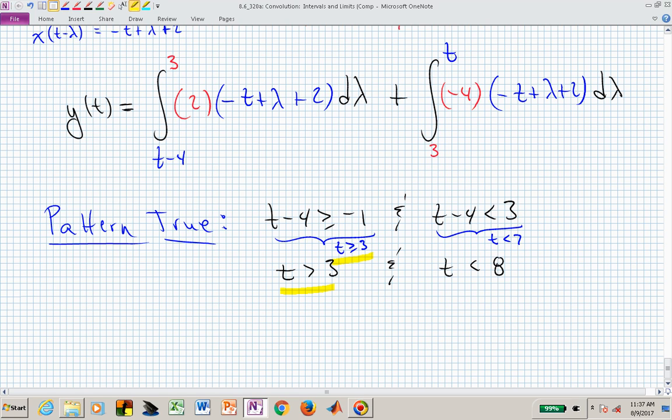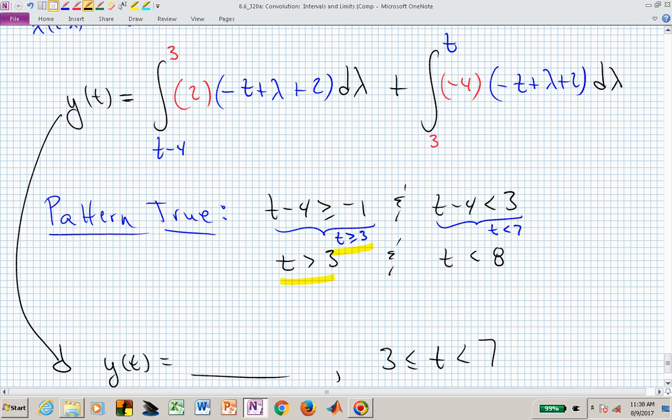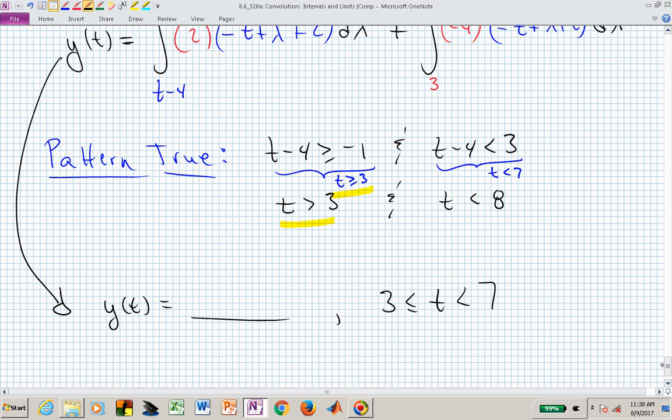So t bigger than or equal to 3 is okay. So this y of t expression is equal to something when t is bigger than or equal to 3 and the intersection of t less than 7 and t less than 8 says that t needs to be less than 7.